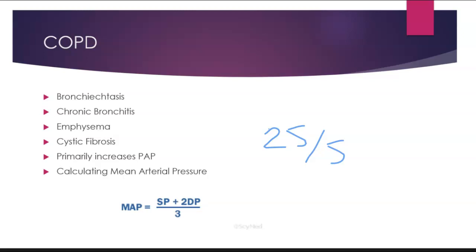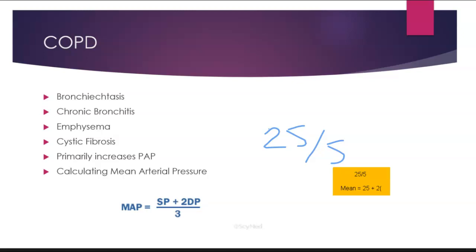So to calculate out my mean arterial pressure, given a pulmonary pressure of 25 over 5, 25 over 5 is the value I was given. To calculate out my mean, this is the calculation down below. I take my systolic pressure, which is 25, and add it to 2 times my diastolic pressure.